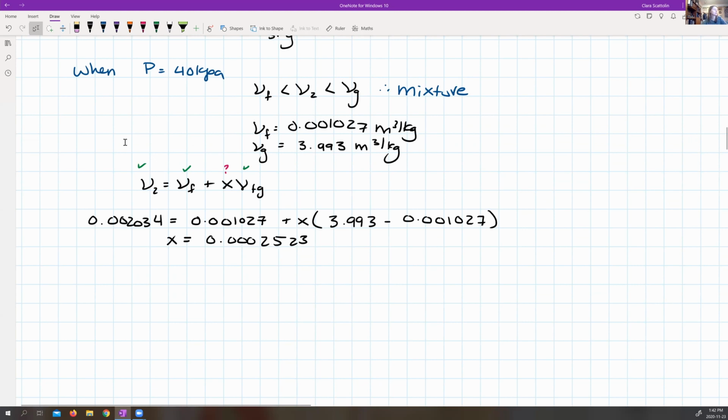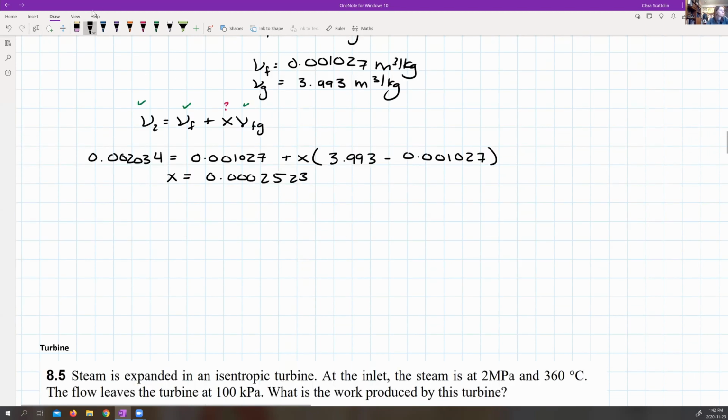I can go ahead and solve for my entropy at state 2. Because I know that S2 is going to be equal to SF plus X SFG. And from the table, I can see that I have a value of SF of 1.0259. And my units for, oh, I didn't talk about the units for entropy, did I?